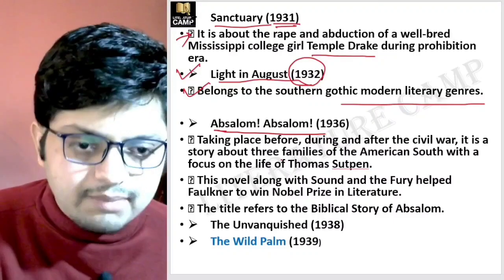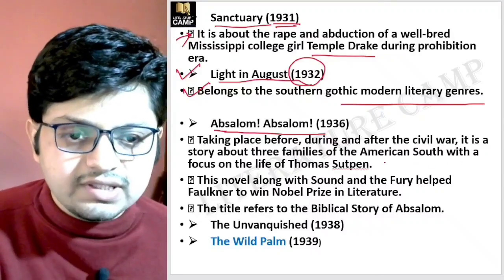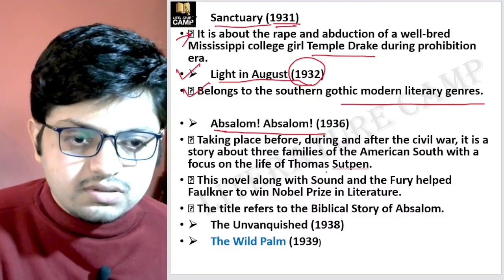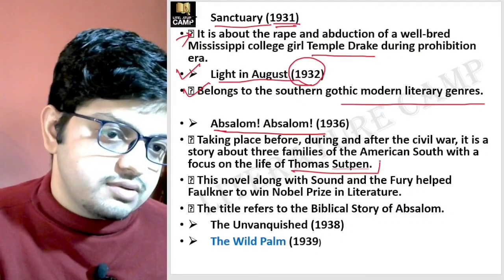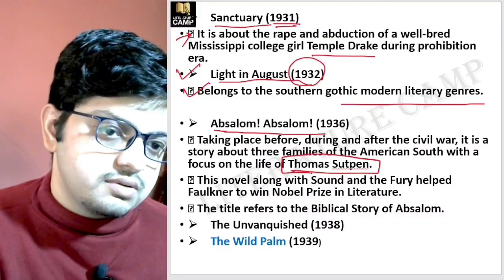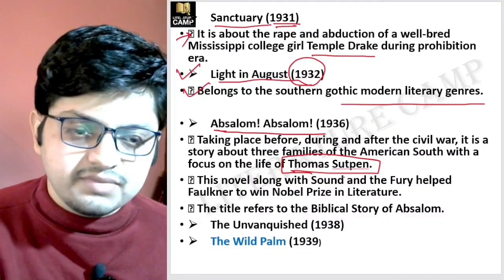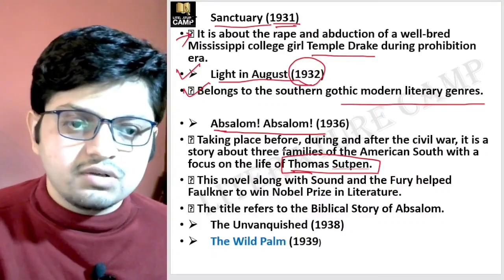It is a story about three families of the American South with a focus on the life of Thomas Sutpen. Thomas Sutpen is a very important character. They can ask who is the character in the novel.